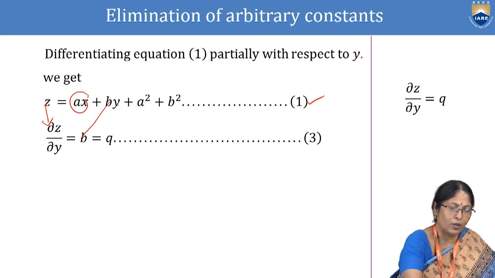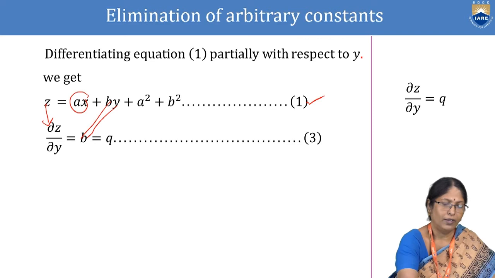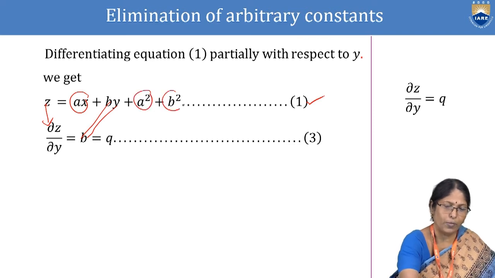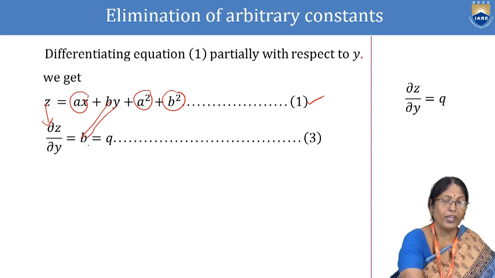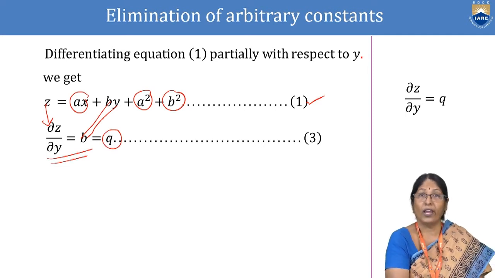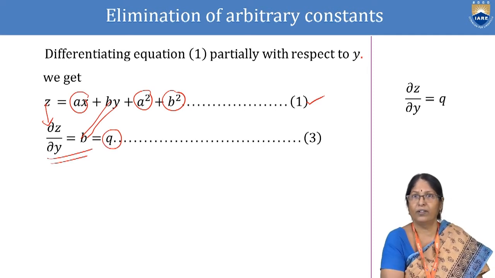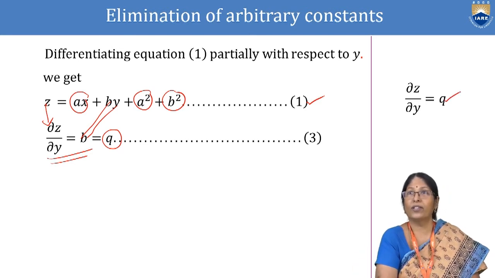B is as it is, as the differentiation of y is 1. And a square is 0, b square is 0. So we got dou z by dou y equal to b. This complete one is equal to q. Why is q written here? Because the notation we already discussed: dou z by dou y equal to q.